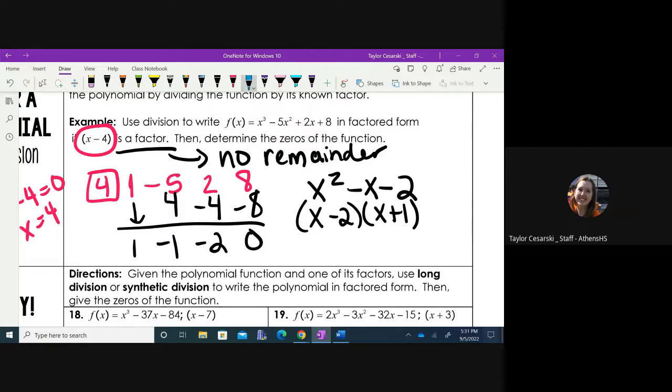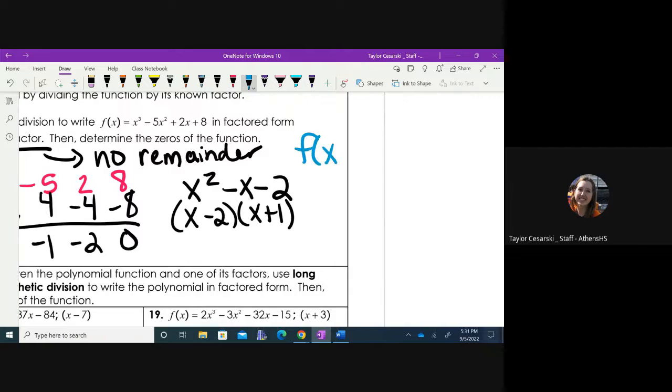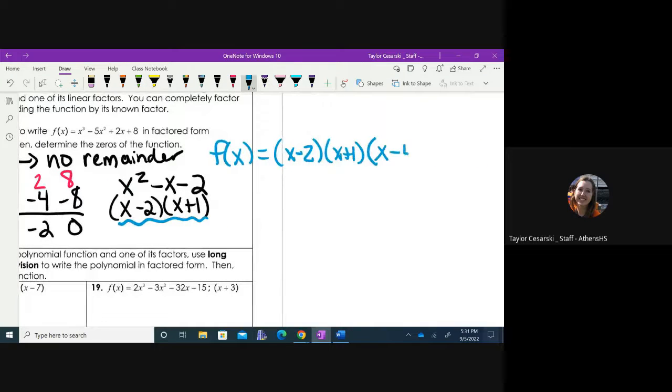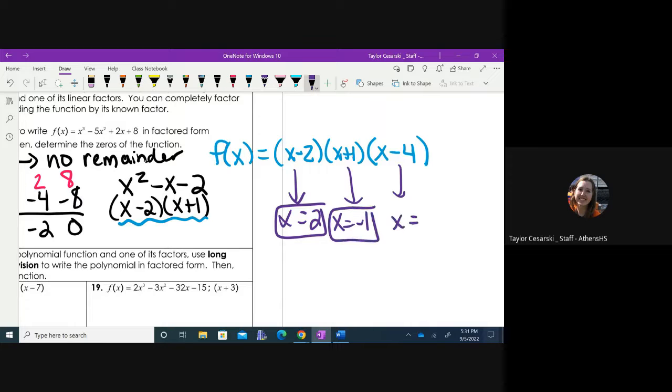So to write f of x completely in factored form, that's going to look like x minus 2, x plus 1, are factors from this part, and then don't forget the factor they gave you, which was x minus 4. So then lastly, to find your zeros here, set each of these parts equal to 0. So x equals 2, x equals negative 1, and x equals 4.